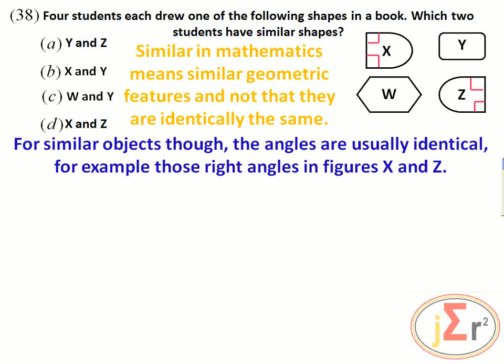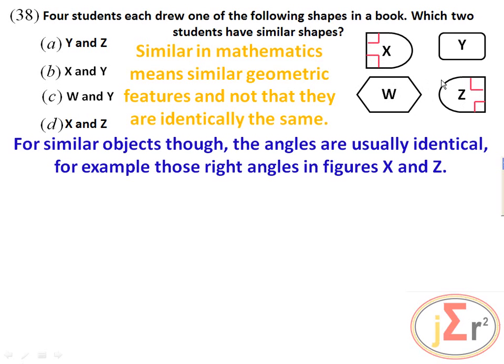For similar objects though, the angles are usually identical. For example, those right angles in figures X and Z. So the similar objects are those of X and Z. And we have right angles right here, and we have right angles here and there. Is there anything else that is similar, Jerry? The curve.